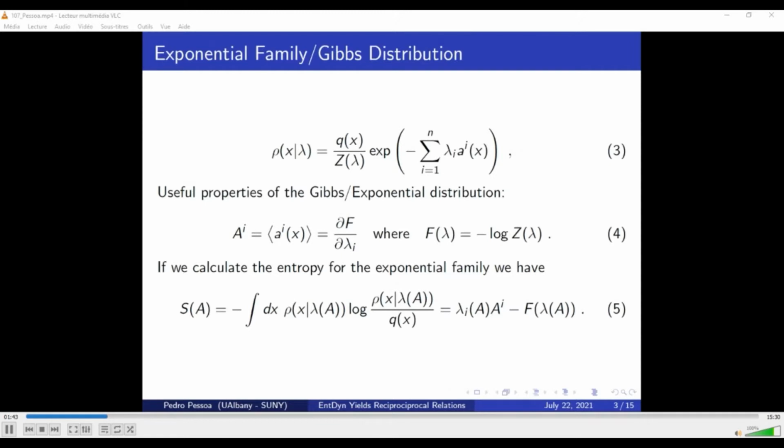Gibbs distributions have some interesting and useful properties. First, we can relate the expected values of the sufficient statistics and the Lagrange multipliers here in equation number 4. When we invert this equation 4, we can use the expected values as the parameters for the Gibbs distributions instead of the Lagrange multipliers.